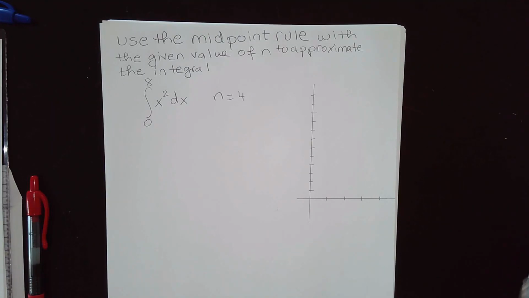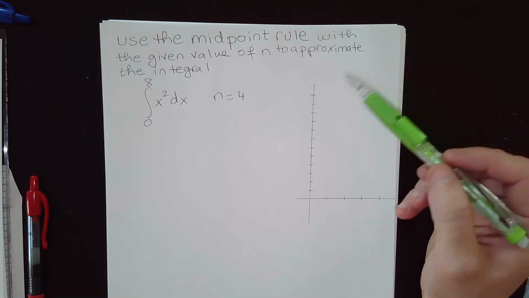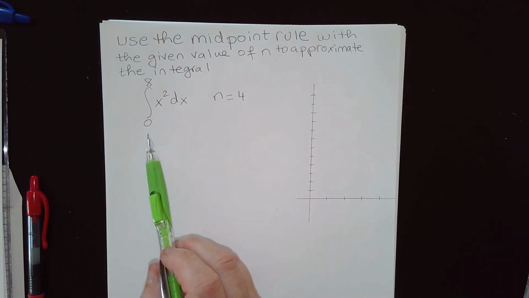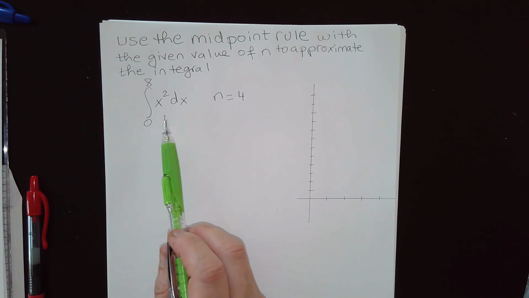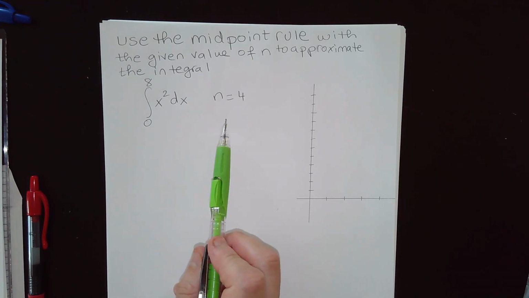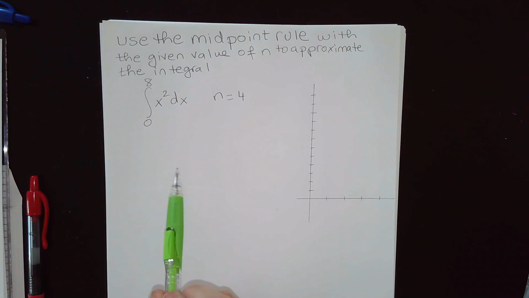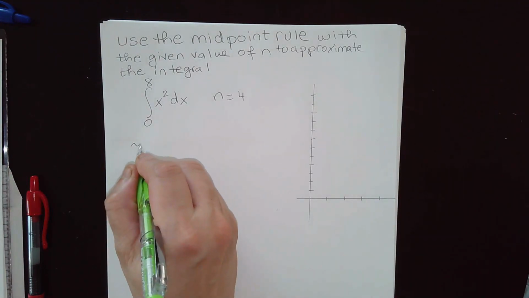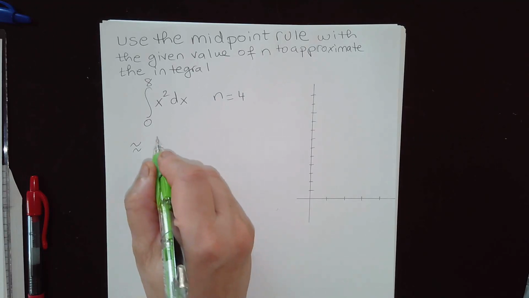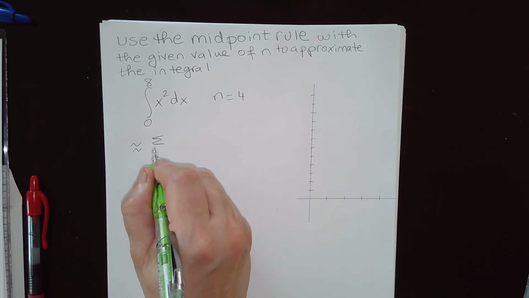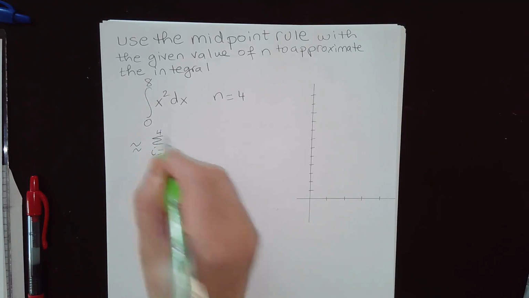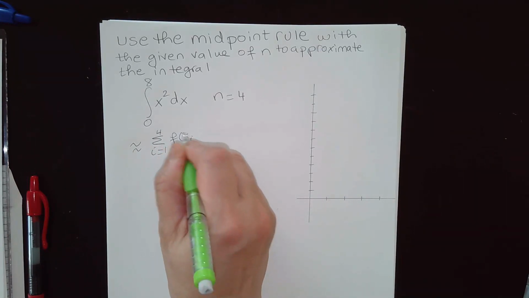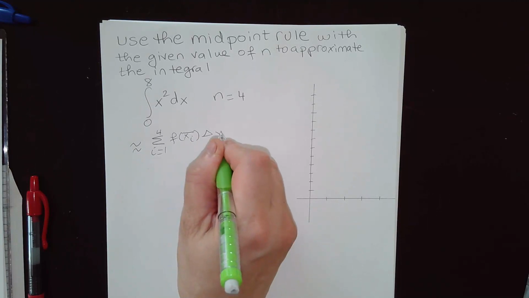Hello everybody. Today we're going to be using the midpoint rule with the given value of n to approximate the integral. So we have the integral going from 0 to 8 of x squared dx with n equal to 4. So this is approximately equal to the sum of i going from 1 to 4, because n is 4, of f of x_i bar delta x.